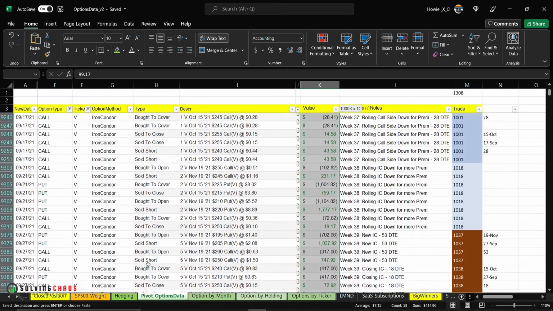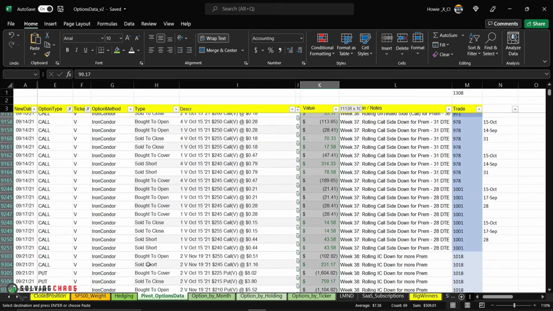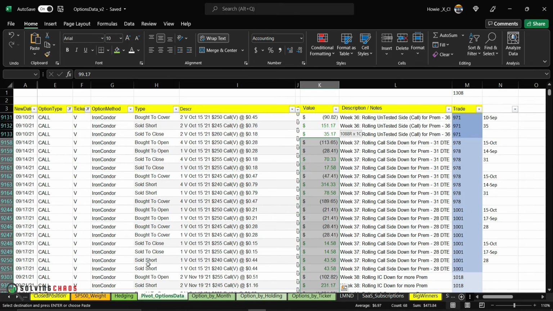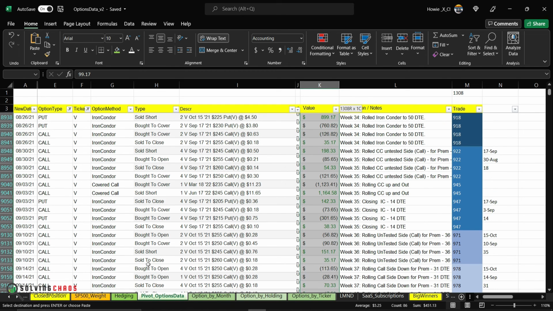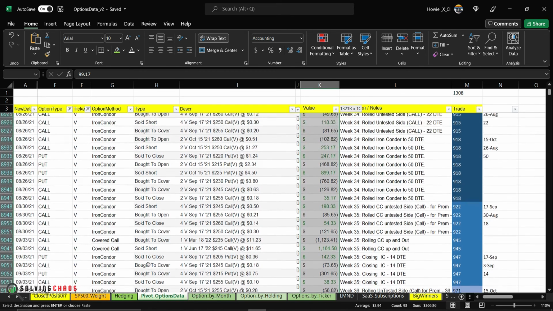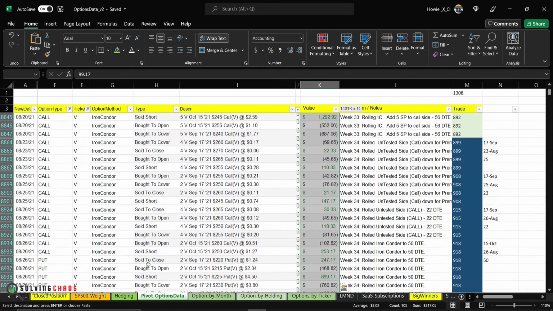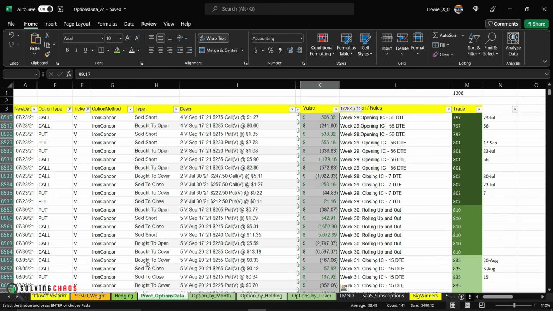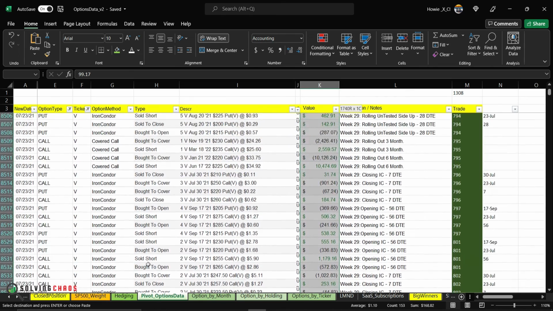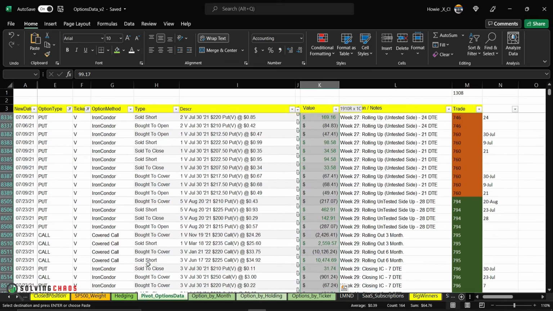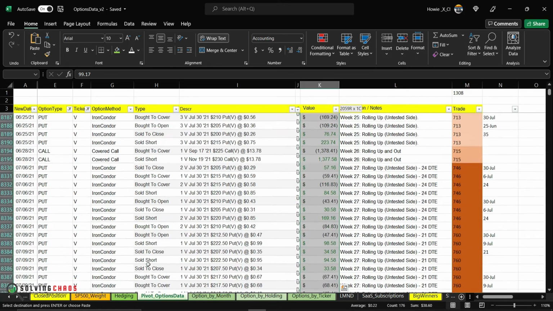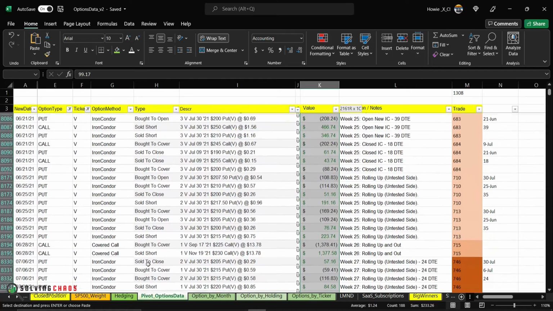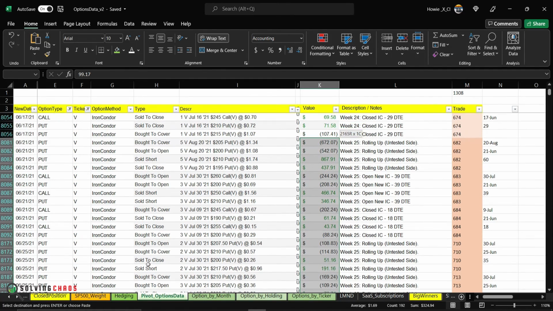Then if you scroll back even further, you'll see times where Visa's predictable and does what I expect, it makes me a decent amount of premium. Times where Visa then moves in unpredictable ways, and you see that, look, as I'm going further back in time, it sort of bounces between negative and positive returns, which is really not a good thing, which is telling you that I'm having a hard time predicting Visa moves.